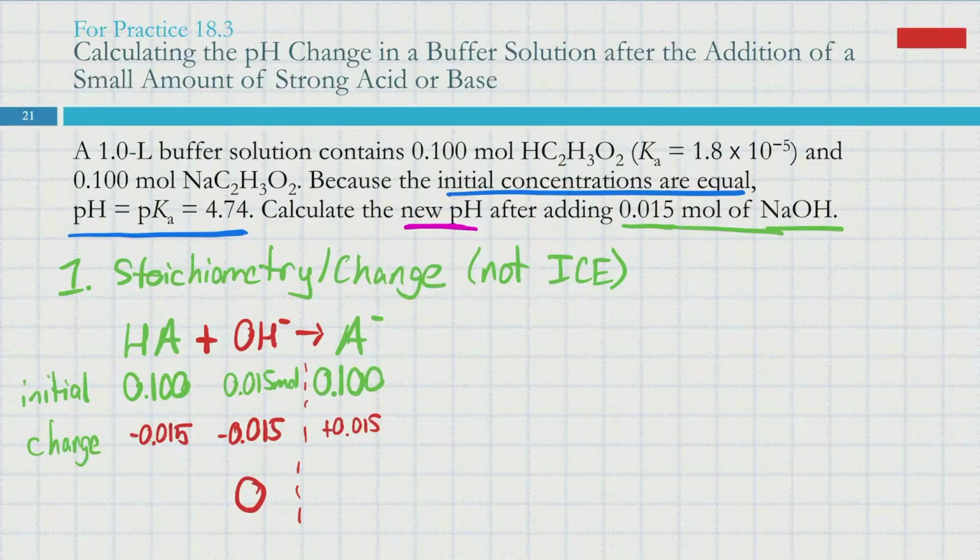That's going to result in our hydroxide dropping to 0. Our HA is going to drop to 0.085, and we're gaining 0.015 of our conjugate base. So it's 0.115.